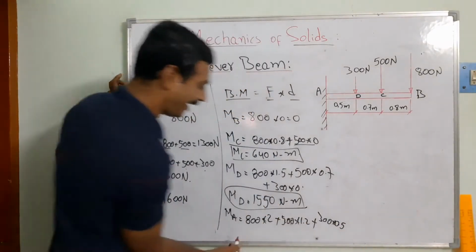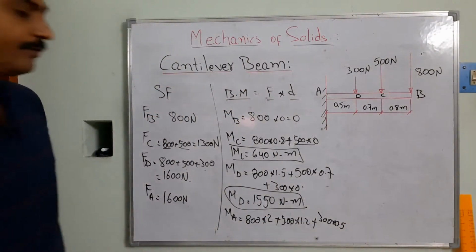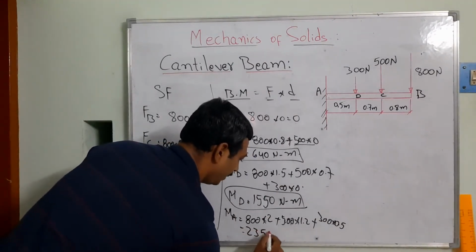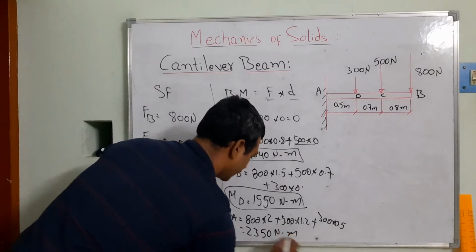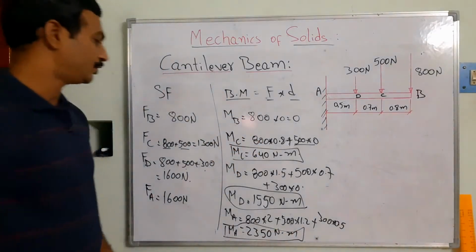If I add all these values, I get around 2350 newton meter. 2350 newton meter we got. There we can see these are the magnitudes we got.